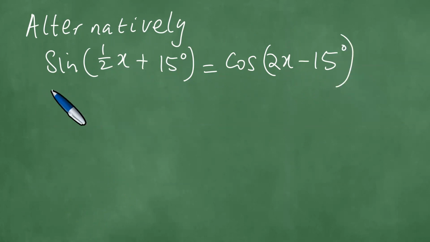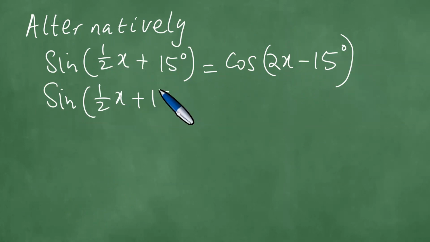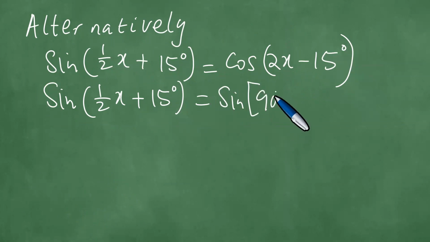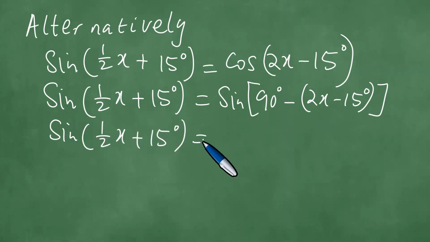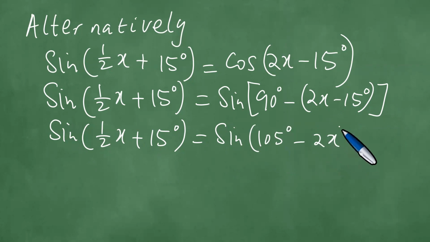And this is the sine of 1/2 x plus 15. And this is the same as the sine of 90 degrees minus twice x minus 15 degrees. This can be seen as the sine of 1/2 x plus 15 degrees, exactly the same as the sine of 105 degrees minus twice x.